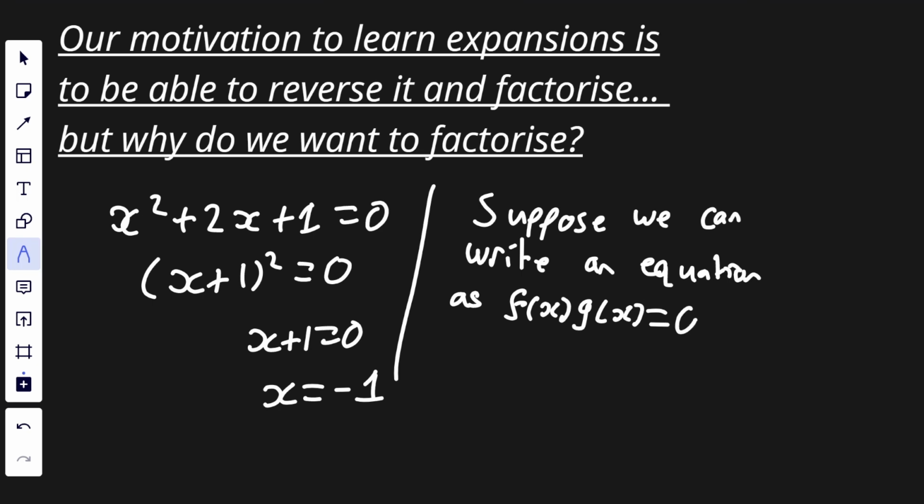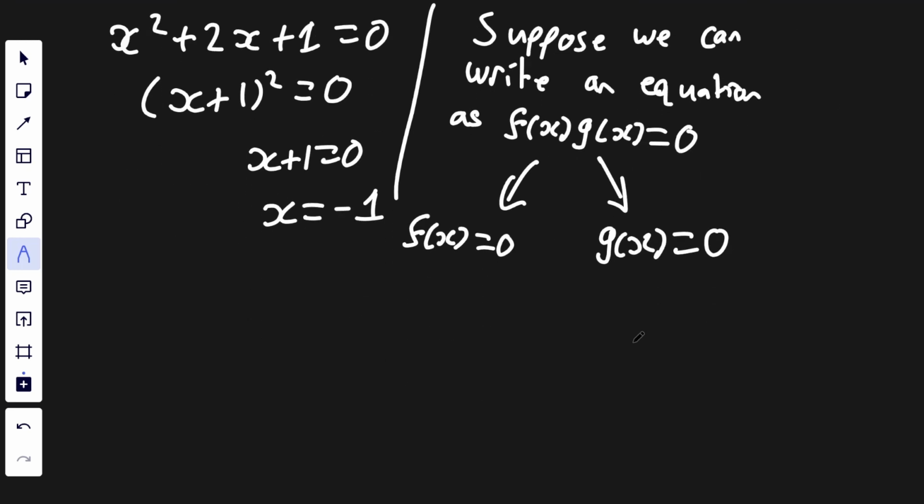So we've got two functions multiplied together equals 0. We're going to split this into f of x equals 0 and g of x equals 0. And most of the time, these are going to be much simpler equations.